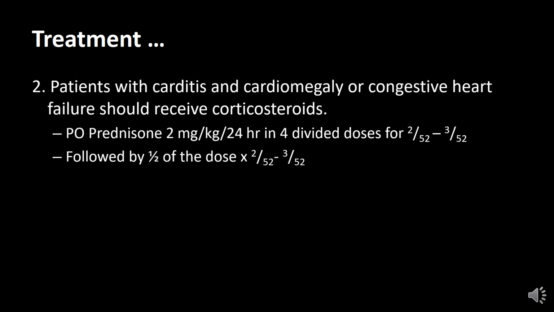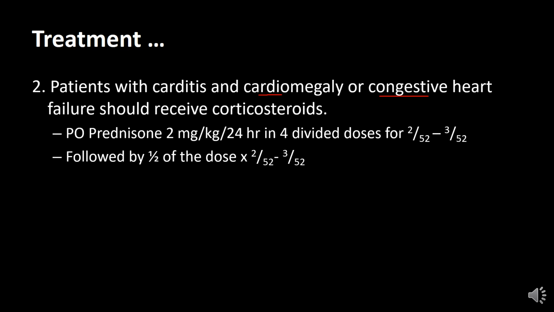So we have the second category of children, who will usually have presented with carditis. Now, this carditis does not occur like the previous carditis we've talked about. This one, they will have tachycardia, they will have a murmur. Additionally, they will have cardiomegaly, or they'll also have heart failure.